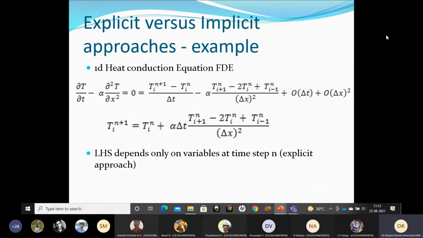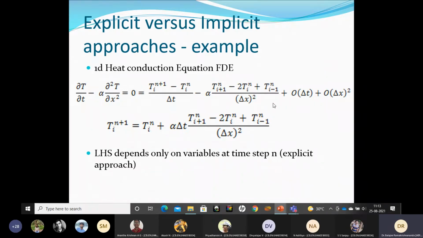So the error terms will be order of delta t and order of delta x whole square. Now if you solve for Ti at n plus 1, you take everything else to the right hand side, and you will get this expression. Now this is very simple. If I want to know the Ti at the n plus 1th time step, I will take the known values at the n time step.